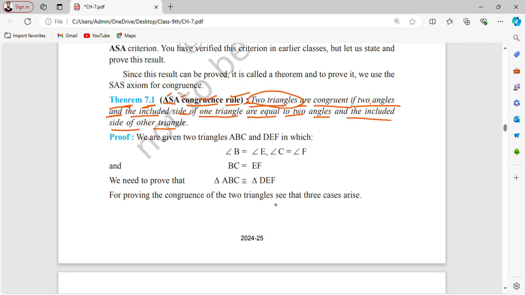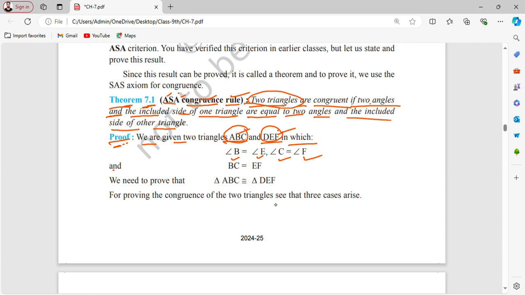The proof of this theorem: we are given two triangles ABC and DEF, in which angle B of triangle ABC is equal to angle E of triangle DEF, and angle C of triangle ABC is equal to angle F of triangle DEF.